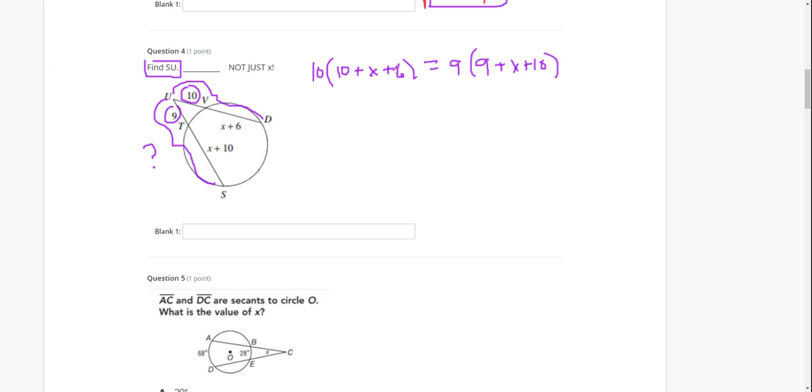Right? Outside times the total. Remember, this has to be the total and this has to be the total. So I usually combine first. And then I combine here. And then you got to distribute. And then we got to distribute here, 19 times 9.